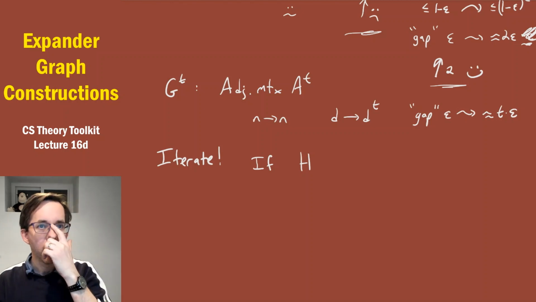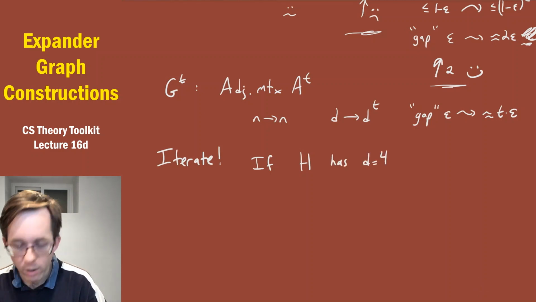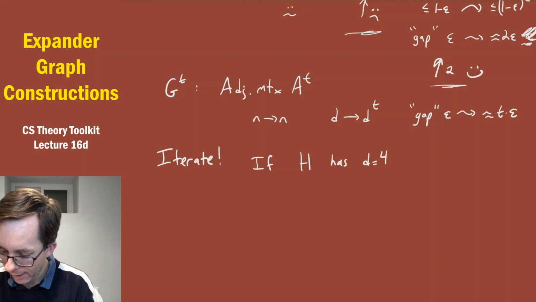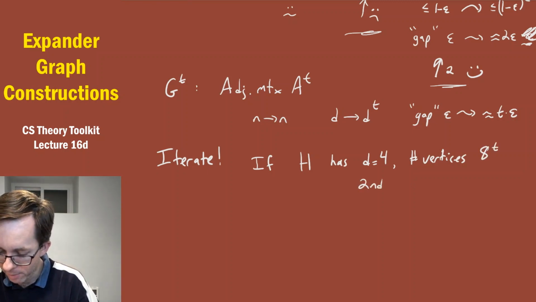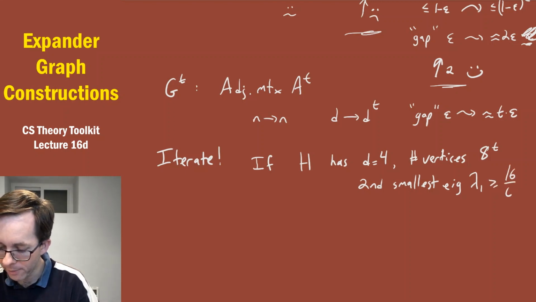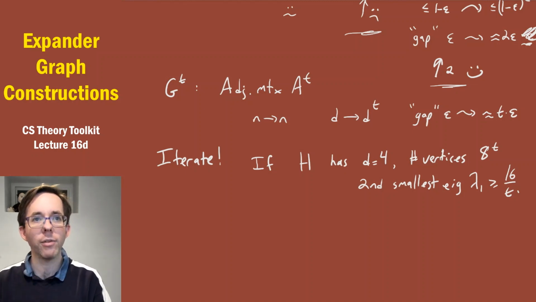Let's say H is a 4-regular graph, little d equals 4, and its number of vertices is 8 to the power of t, and the second smallest eigenvalue of its Laplacian, lambda 1, is at least, I don't know, 16 over t or something. What I claim is that such a graph H exists. So just buy that claim for now.